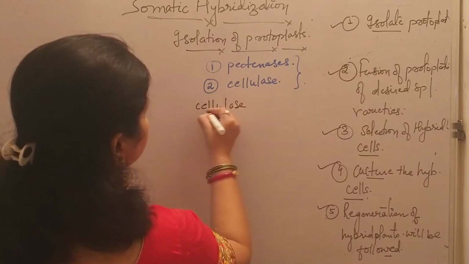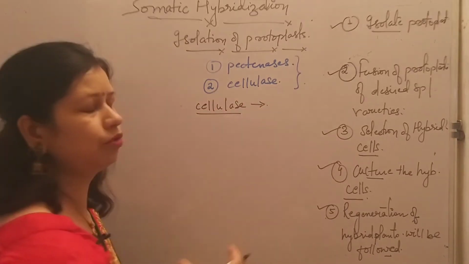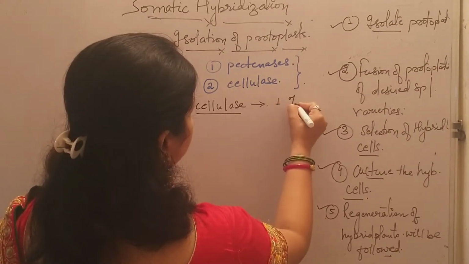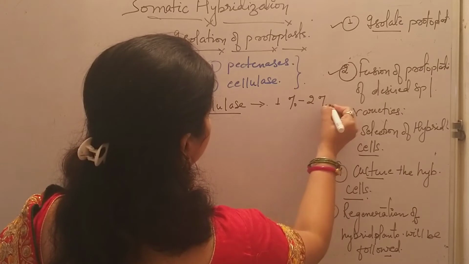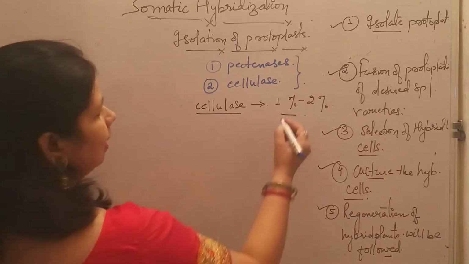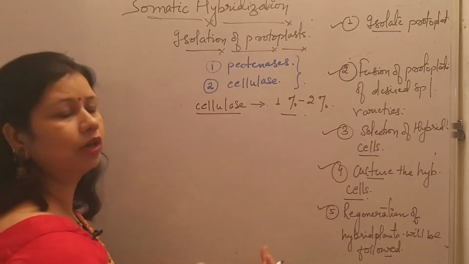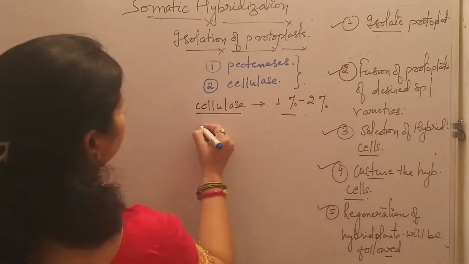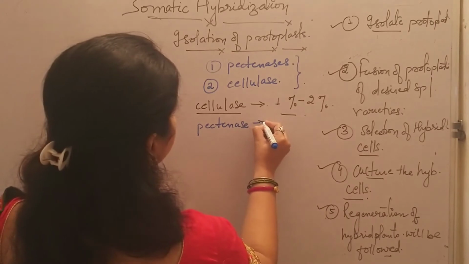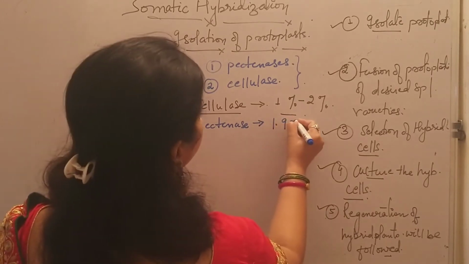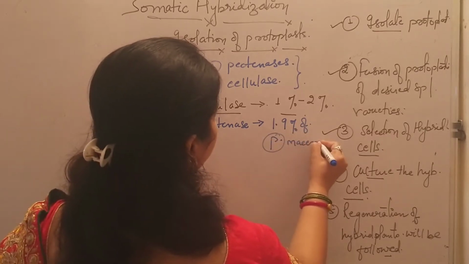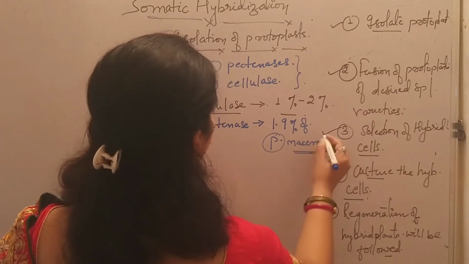Cellulase is used generally in about 1 to 2%, and this percentage is considered appropriate for the cell wall degradation mechanism. And pectinase or macroenzymes is generally used at 1 to 1.9%.